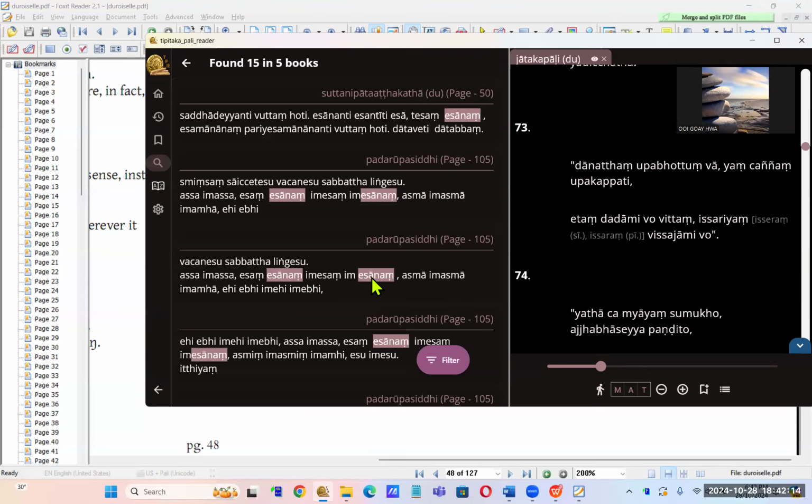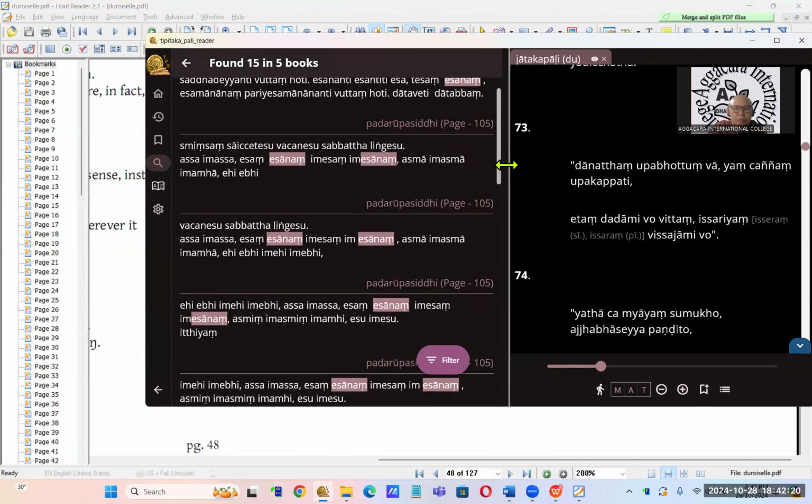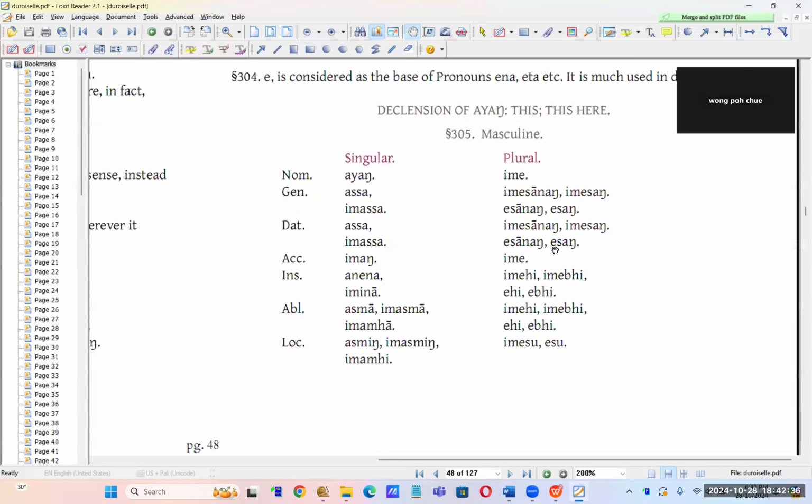The grammar book gives all the possibilities, but this is one sutta here, the Suttanipata Atthakatha: esam, esanam, esa, tesam, esanam. There's really one example here, esanam, but it should be quite rare.